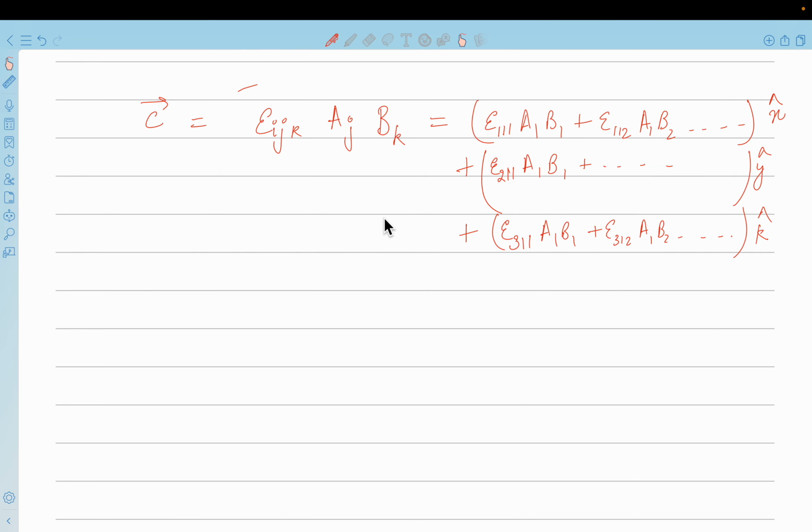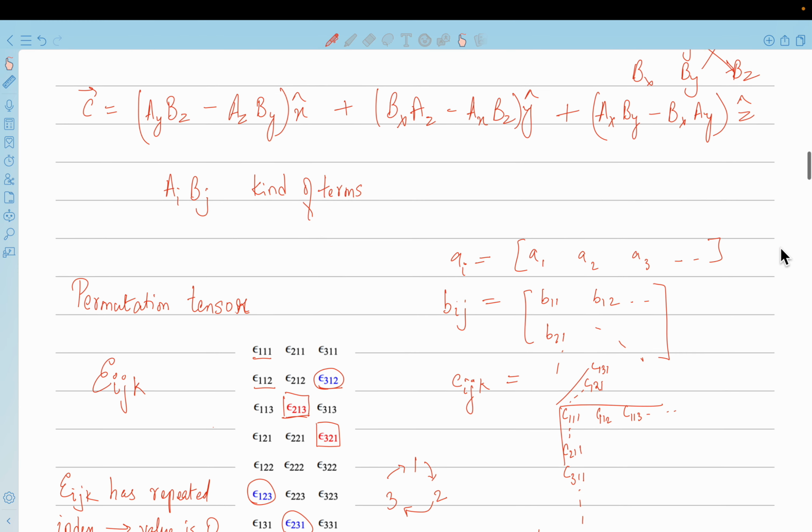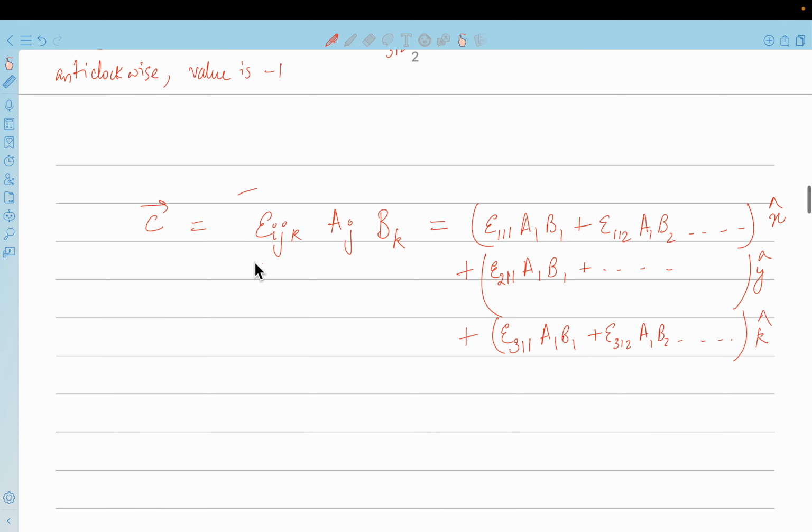And if you evaluate all of these terms, you'll see that you recover this expression. I'll leave that as an exercise for you, but for now let us believe that indeed the C vector is represented by this epsilon ijk aj bk. Any questions till here? No?